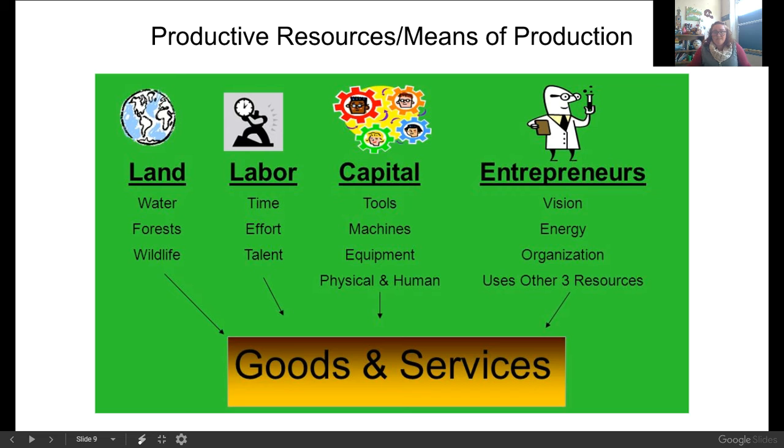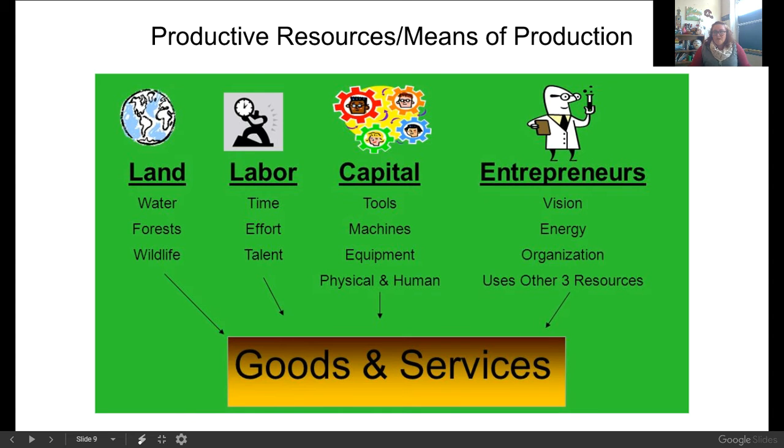And capital means that you need the money to give the laborers the means to take the natural resources to produce goods. So you need tools and machines and equipment. You need physical and human capital as well. And then you have these entrepreneurs who are the ones who come up with these ideas. They have a vision, they have a lot of energy, and they establish organizations, and they use the three other resources in order to produce goods and services.